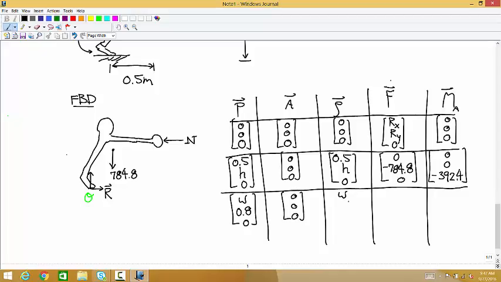Subtract, and you get a rho vector of W, 0.8, 0. And the force vector, that's in the negative x direction, so that's negative N, 0, 0. Take that cross product, and you get 0, 0, 0.8 N.